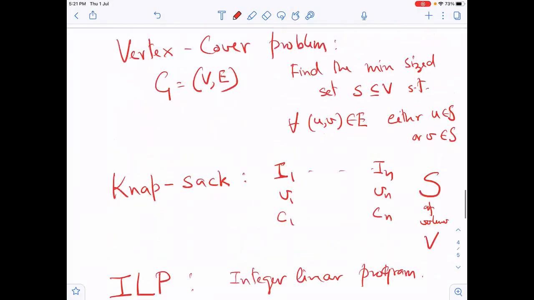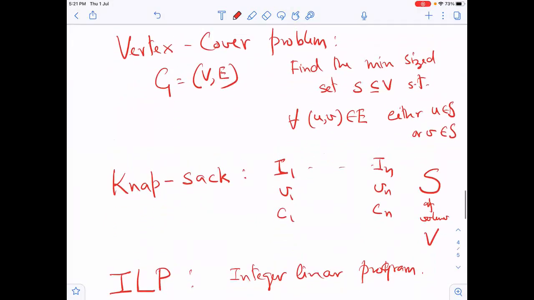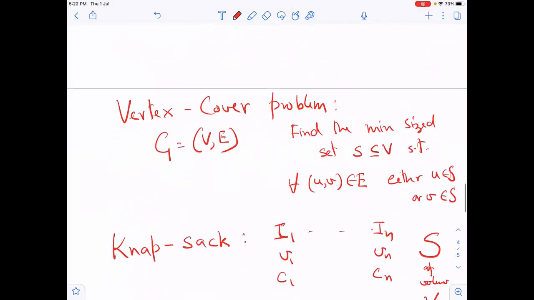So there are many of these problems, okay? They are all maximization problems or minimization problems. And you can consider the decision version of all the problems. Now the question is, are these problems in P?